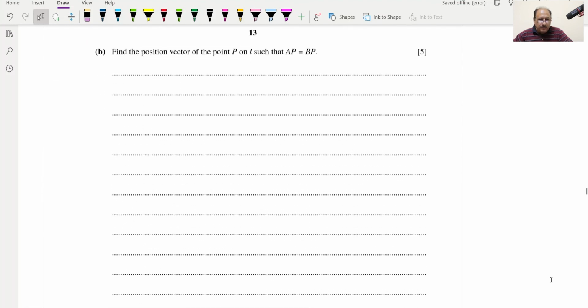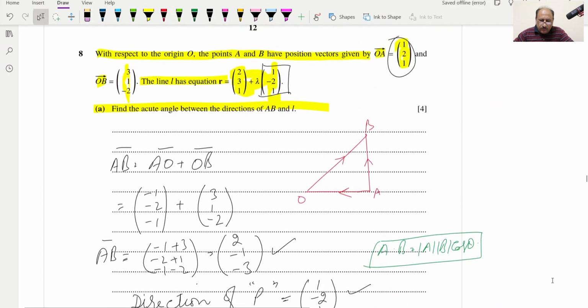Now part B says find the position vector of the point P on L such that AP is equal to BP. This is a 5-mark question. We can write OP from here. OP will be the origin, and 2, 3, 1 this one, and then we multiply the direction with lambda.